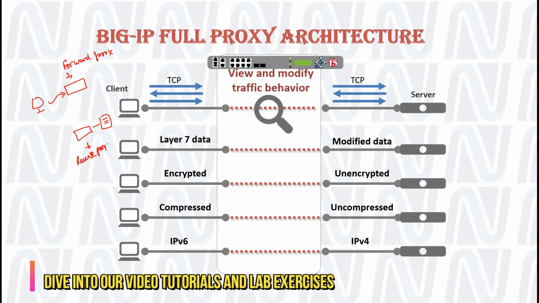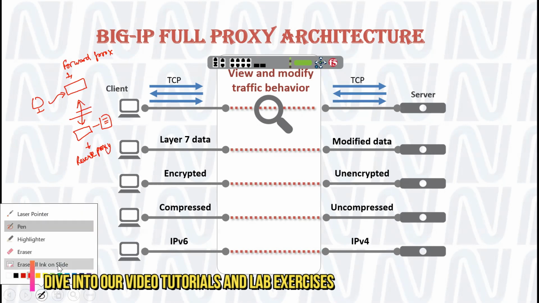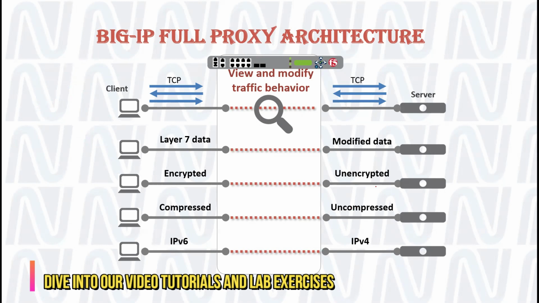What I was saying is that F5 can act as a forward proxy and reverse proxy both. So no need to bring in SSL encryption, decryption, but obviously without SSL encryption, decryption, it is not acting as a full proxy. Exactly.